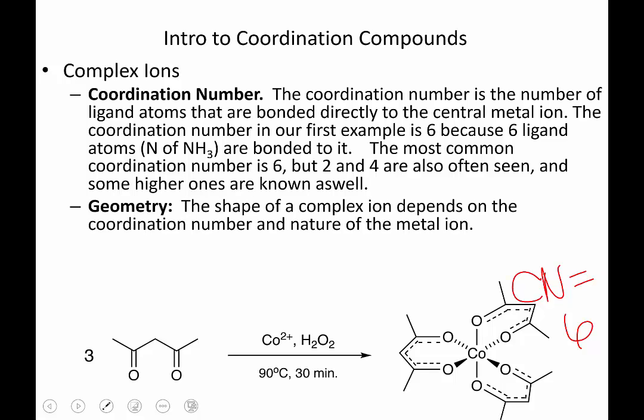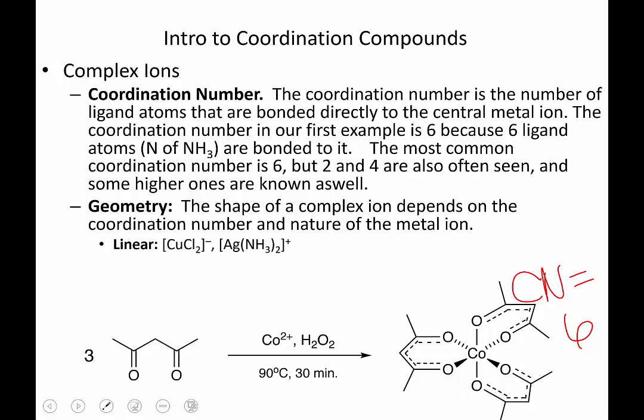Geometry is just the shape of the complex ion, and this is based on VSEPR. If you have a coordination number of 6, based on valence shell electron pair repulsion theory, you'll have an octahedral complex.